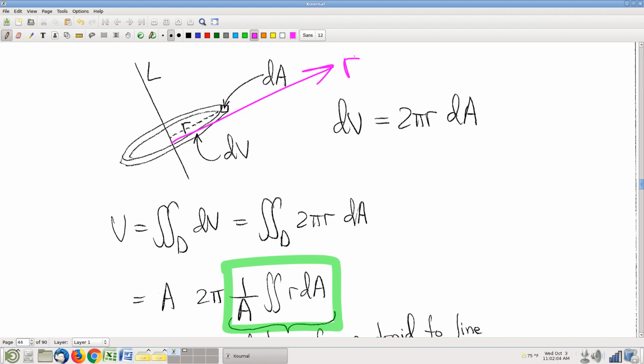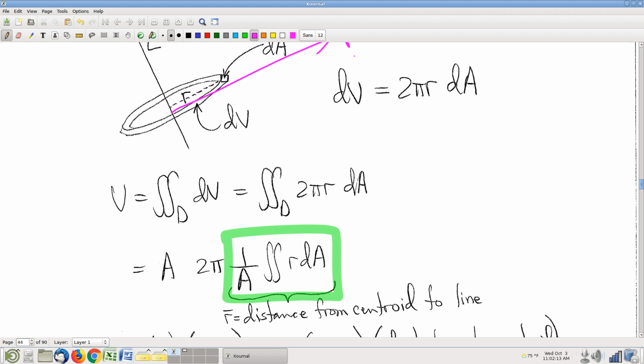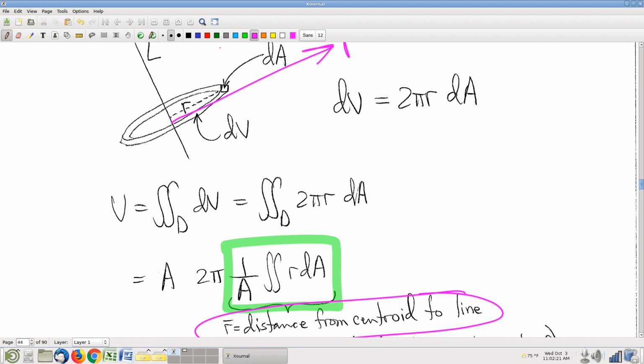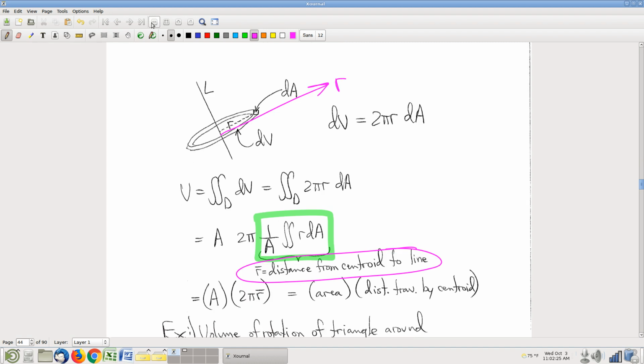And so in not the x direction, not the y direction, but in what you might call the r direction, this is the r coordinate of the centroid. This is the distance then from the centroid to the line that you're rotating around. So the formula simplifies really nicely.